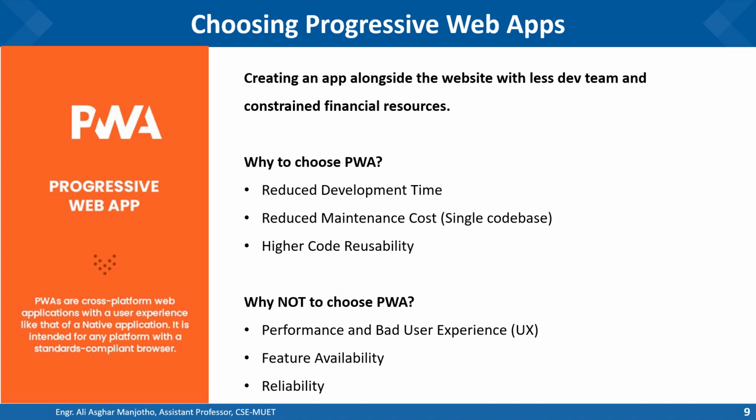So progressive web apps and hybrid applications lie under the category of cross-platform applications. This means that you will have a single code base, and that will be feasible for being compiled to any of the target operating systems. So you do not have to maintain separate code for different platforms. As we see here, PWAs are cross-platform, specifically web applications.